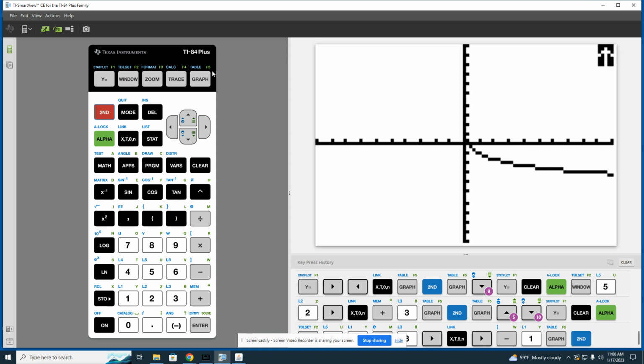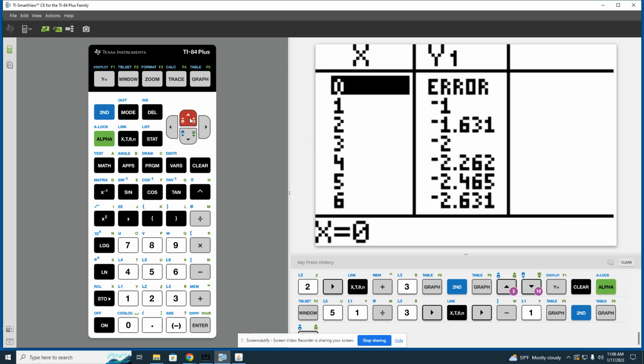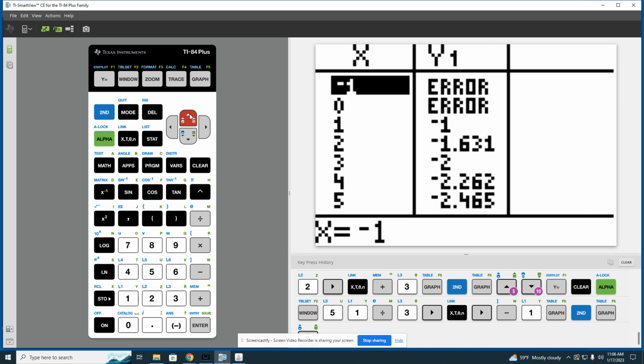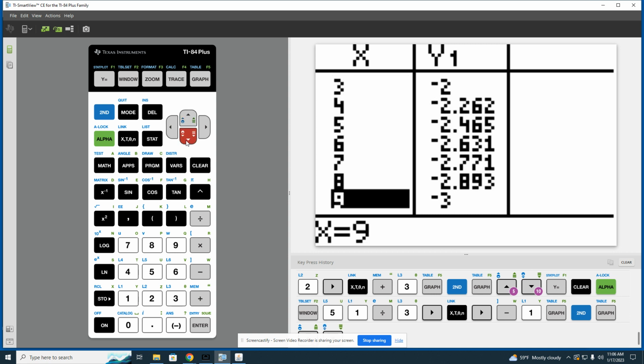Now let's find a couple of nice points and graph it, and then we'll be almost done. So we've got 1, -1. We've got 3, -2. Let me see if I can find one more nice point. Scroll down. There it is. 9, -3.